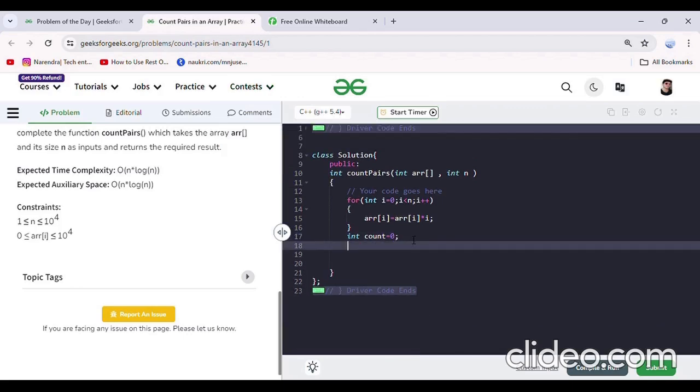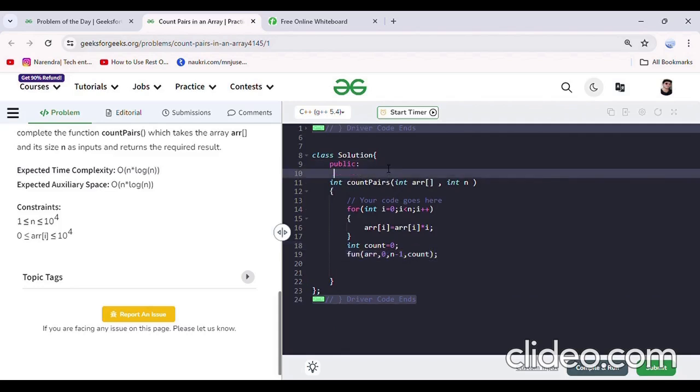Guys, here I am taking one function, then I am taking arr, then 0, then n minus 1, then I am taking a count variable. Now int arr, int low, int high, int count.